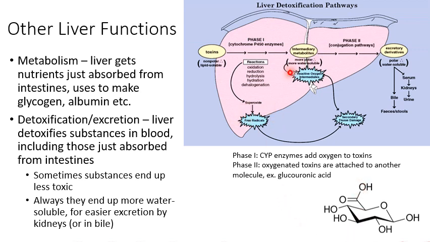Then in blue here you have free radicals and reactive oxygen intermediates. These are both just different types of reactive oxygen species. As your CYP enzymes and your conjugation enzymes are detoxifying these toxins and carrying out phase 1 and phase 2, they're going to generate some amount of reactive oxygen species.